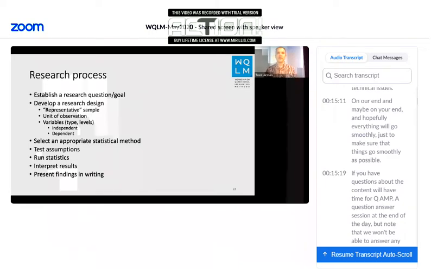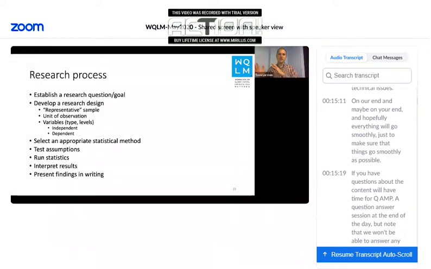Statistics are a tool that can be used to help us to make sense out of our data, but they're only a tool, and they shouldn't be driving the whole enterprise. They should be used as a tool to help us with answering the questions that we've laid out from the beginning. So we'll come back to each of these steps in this segment.